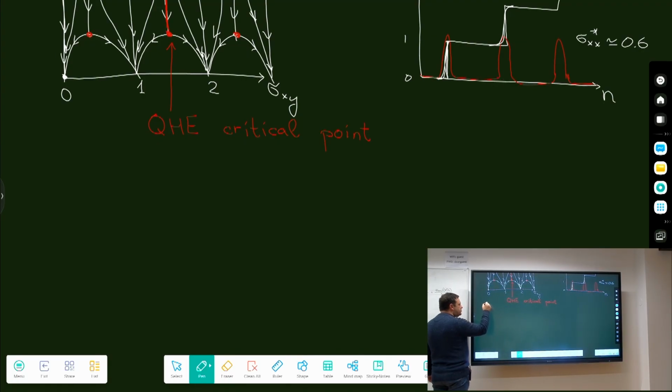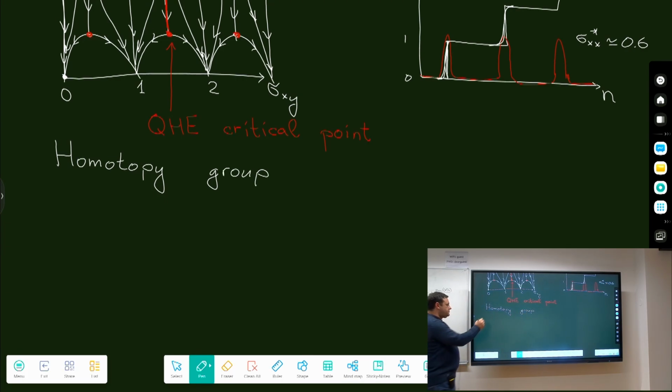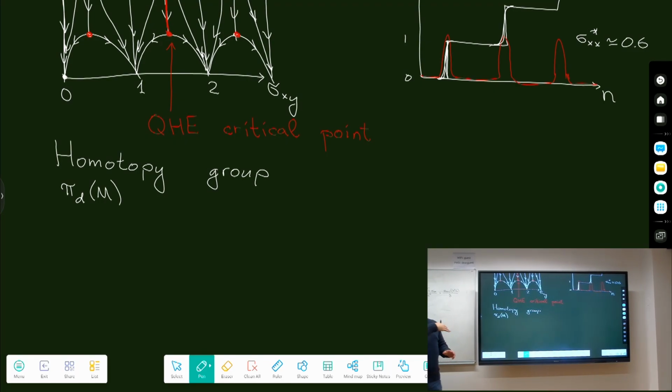So, homotopy group, it's exactly what we discussed for the good part of this lecture. The homotopy group of any manifold, pi_d of M, is a group. It doesn't matter if it's a group or non-group.